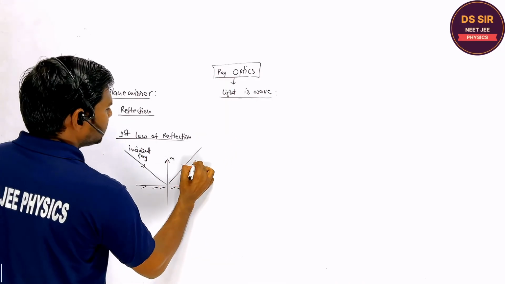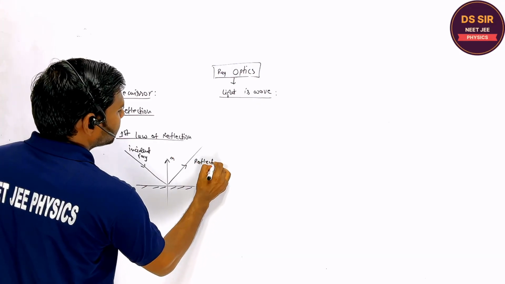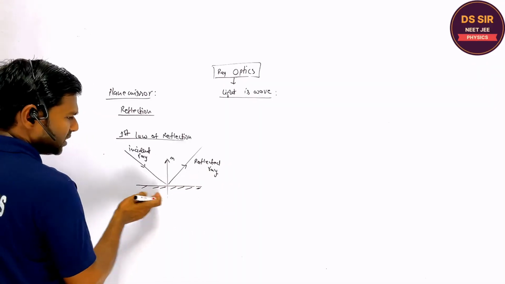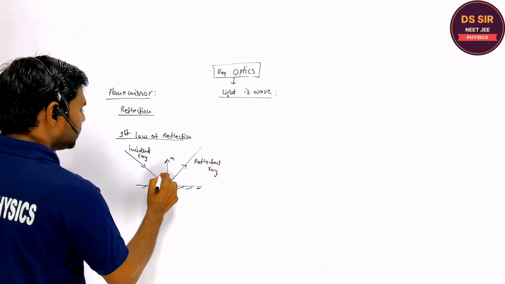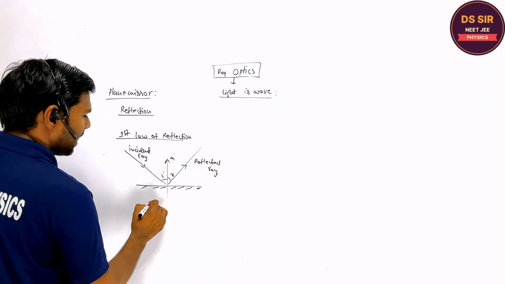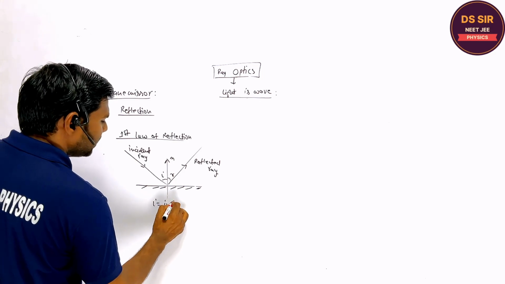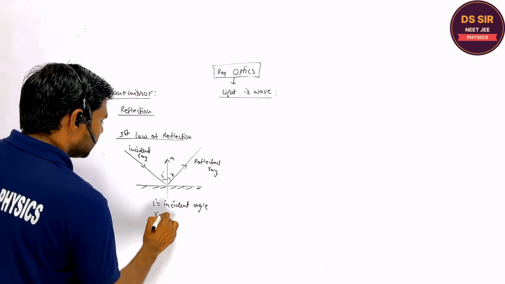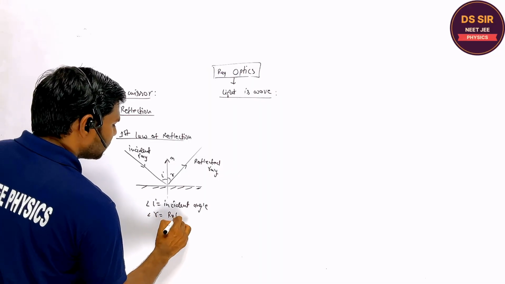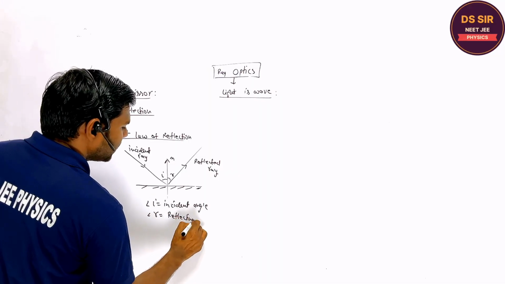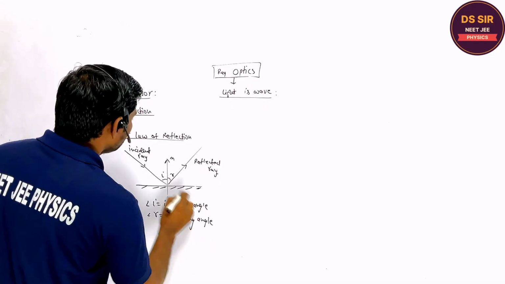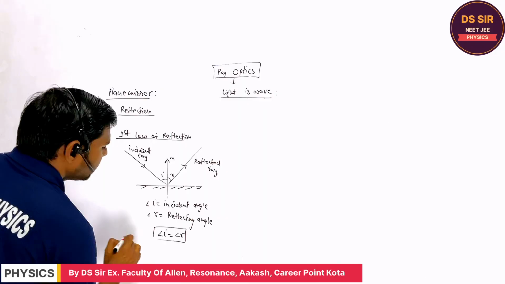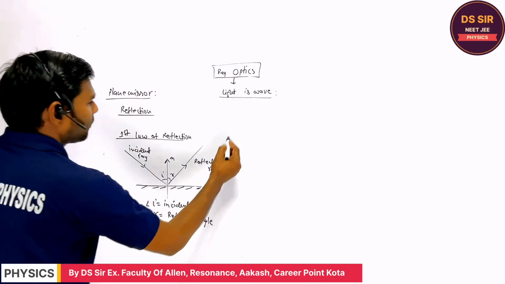This is the symbol of the mirror. So I is the incident angle, and R is the reflecting angle. According to the first law, the incident angle and the reflecting angle are equal, right? This is the first law of reflection.